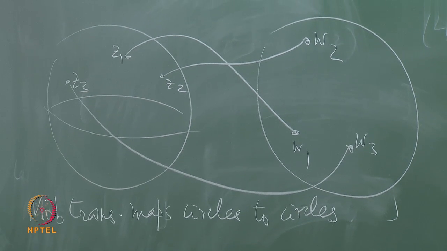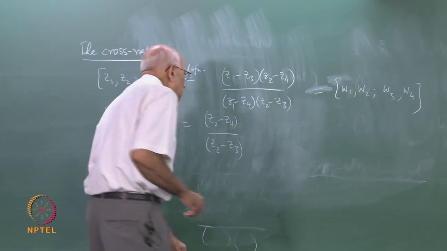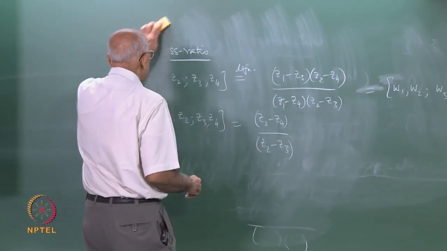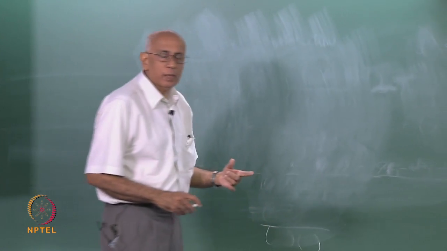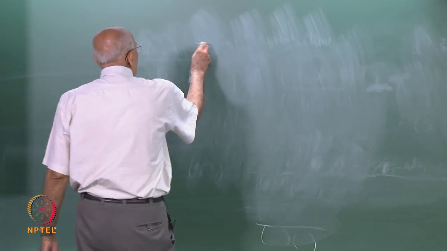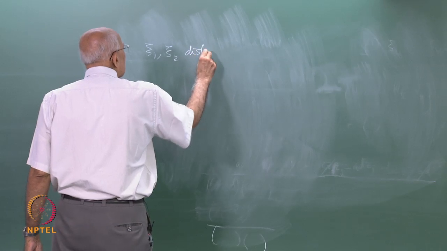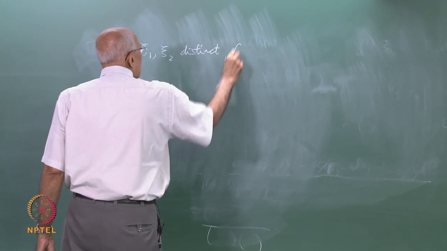Now let us go back and look at what our transformation does in terms of the fixed points. So let us consider the following. I will do this for the general case, and then we will look at what happens in the special cases. So we look at Xi1, Xi2 distinct and finite.